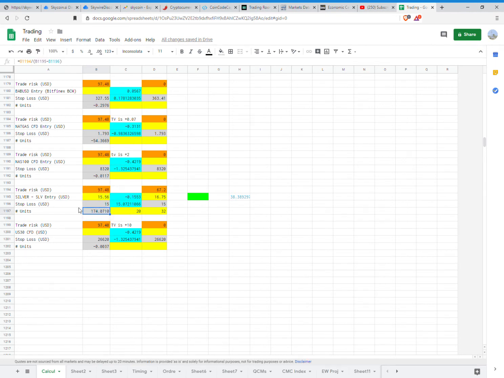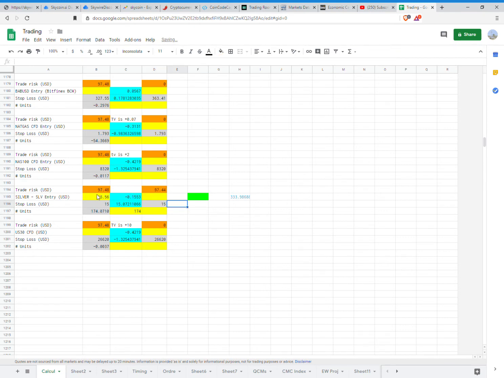So if I would trade like 174, it would obviously consume this. Let me type in 174 in this cell to show you. Automatically it calculates what it means. Okay, I have too much data over here.